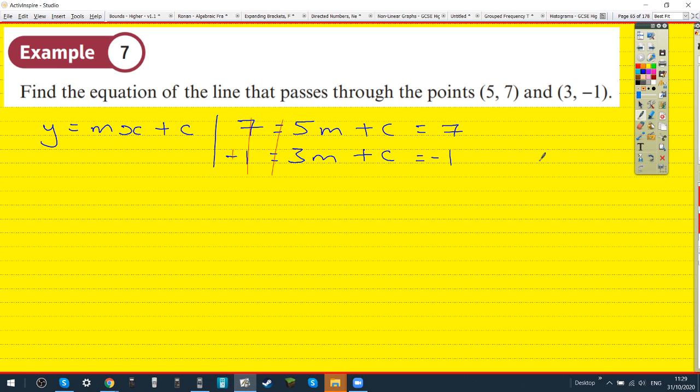Could you minus 5m from both sides? You could use the old calculator. Or could you use simultaneous equations? Yeah. So would y in the simultaneous equation be 1 for c?